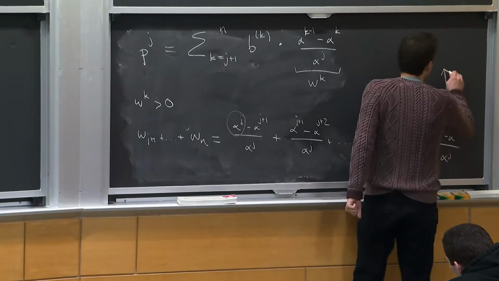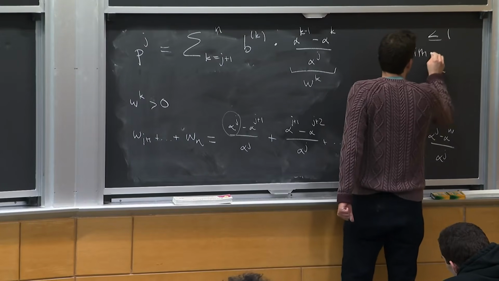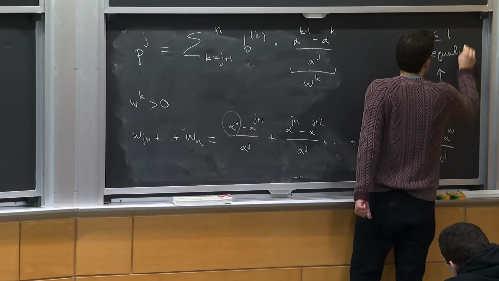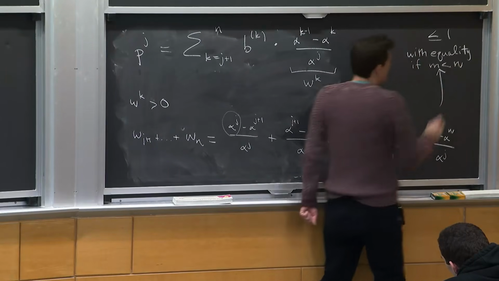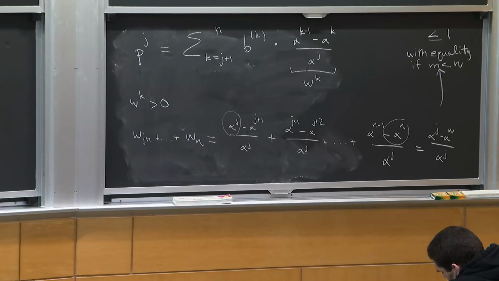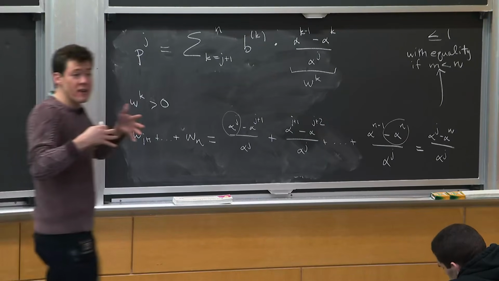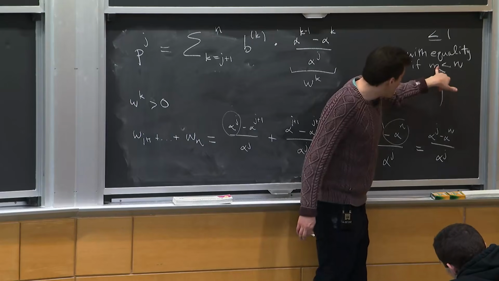So it turns out this is going to be less than or equal to 1 with equality if m is strictly less than n, if there's fewer slots than bidders, which is a pretty standard phenomenon, right? You have many advertisers wanting to advertise on just a few limited slots. So generally, n is going to be bigger than m.